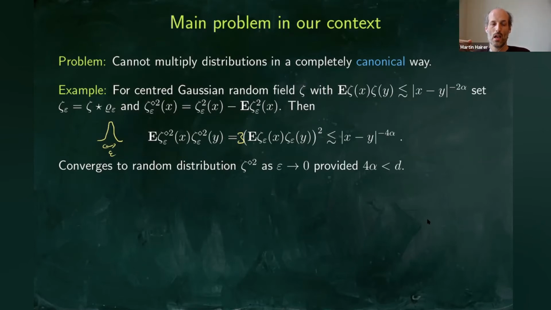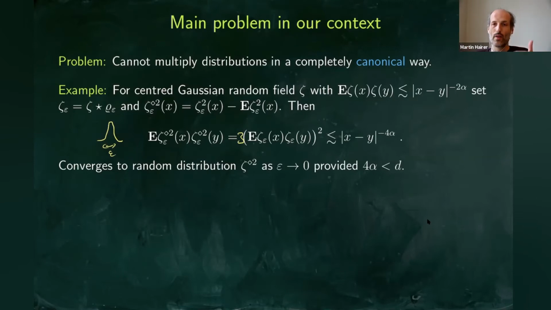And you can do the same thing where you multiply two different fields. It doesn't just work for the square. I can multiply two different stationary Gaussian random fields in this way, provided that the sum of the regularities is bigger than minus dimension over 2. So that's important.